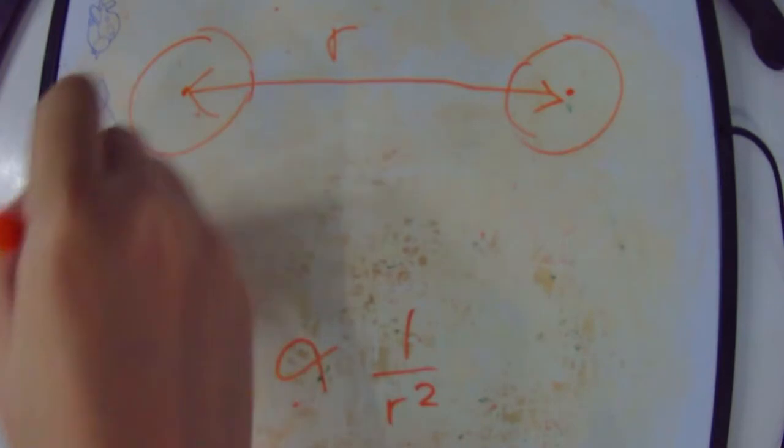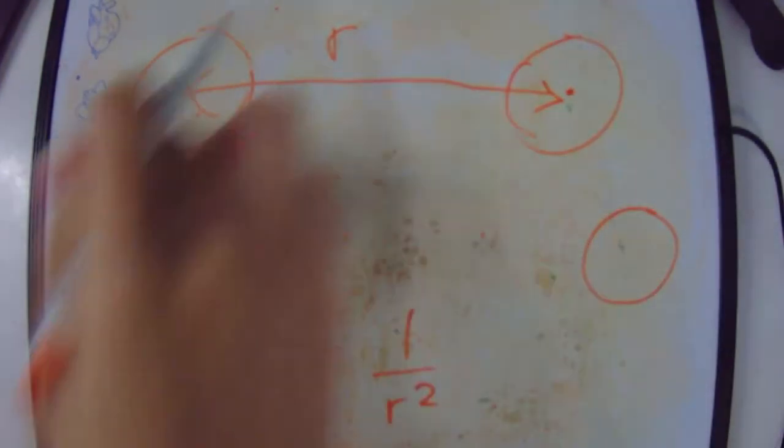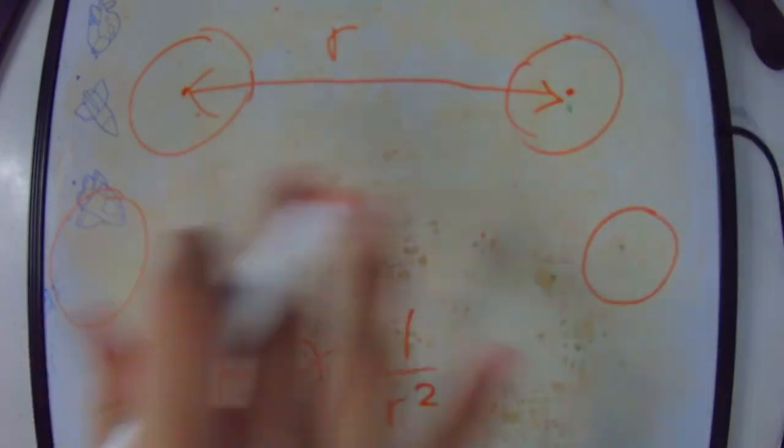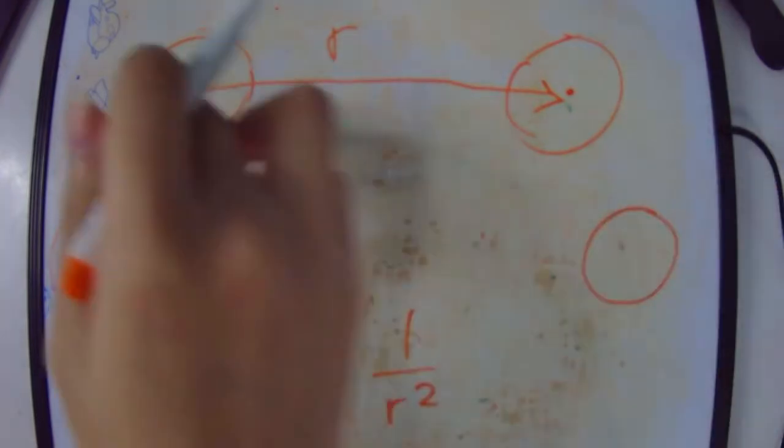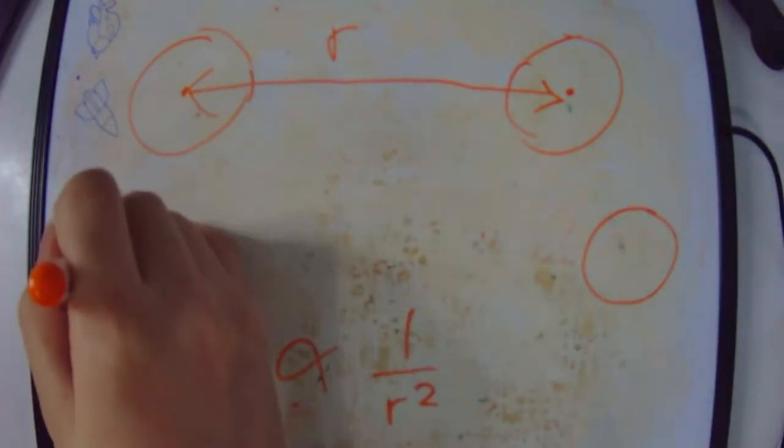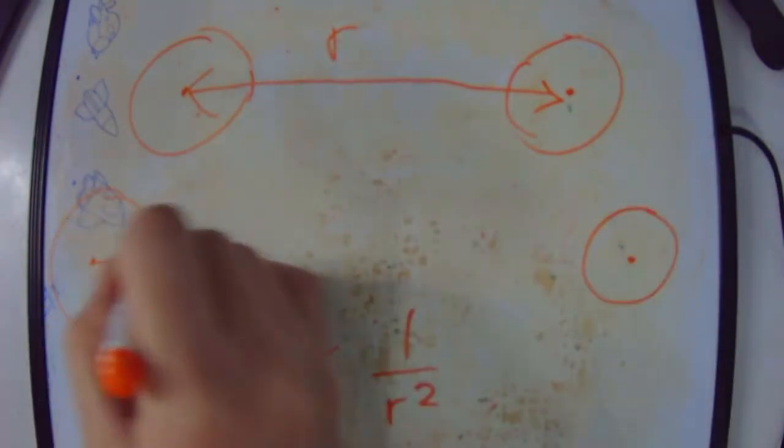So if we were to have 2 planets of the same mass as the first 2, but the distance between these 2 is greater.